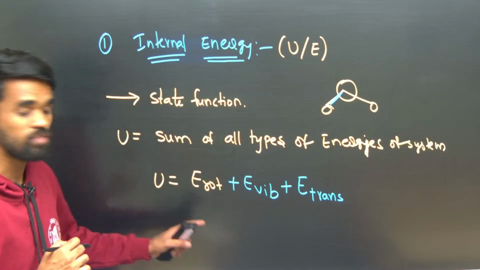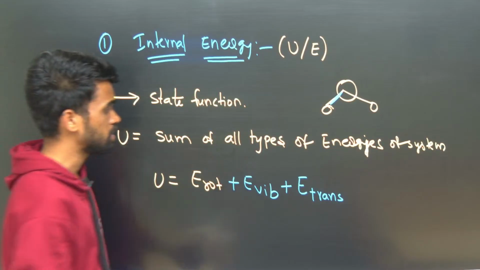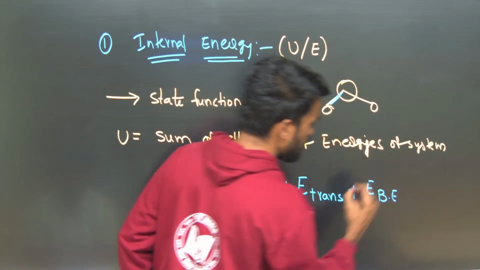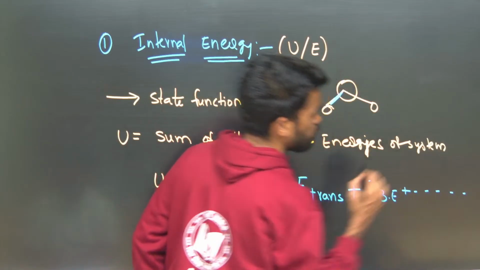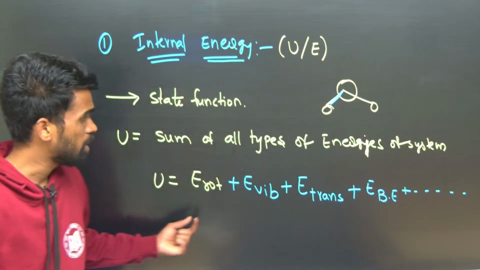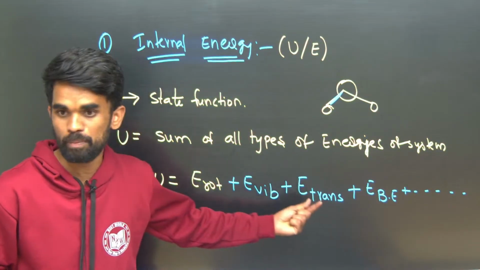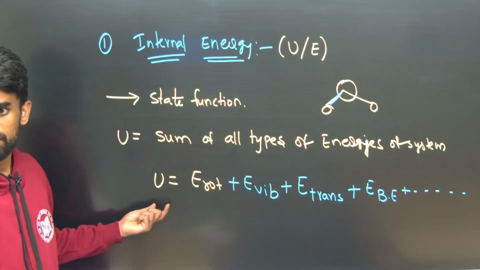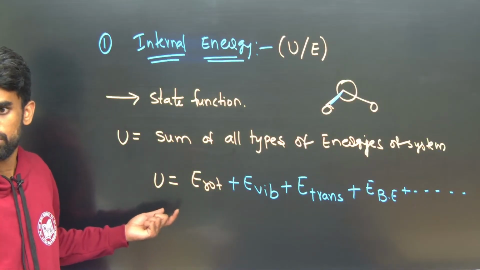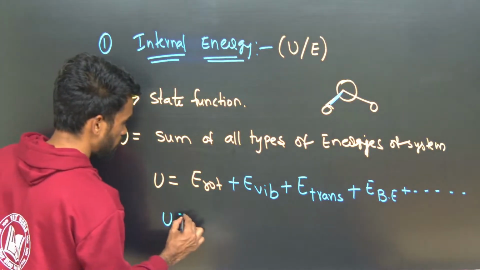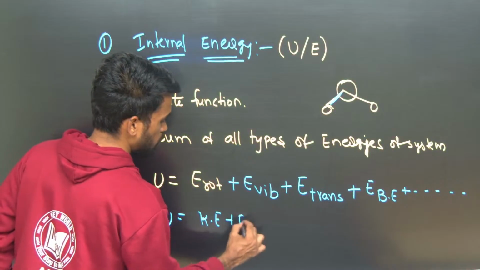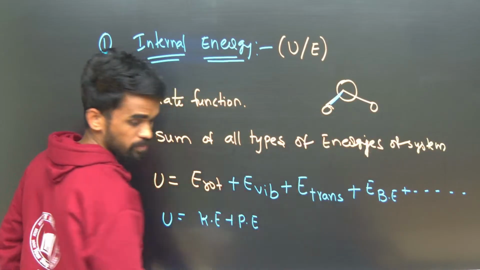Also bond energy. Like this we have different energies, all at the microscopic level. The sum of all these energies is considered its internal energy U. In simple words, U is total kinetic energy plus potential energy plus all these things.